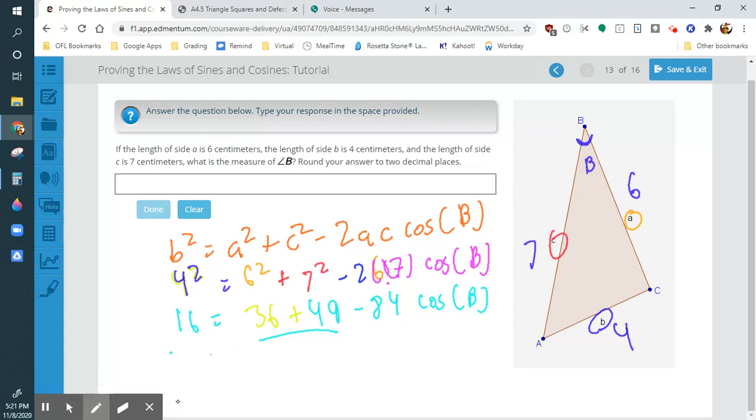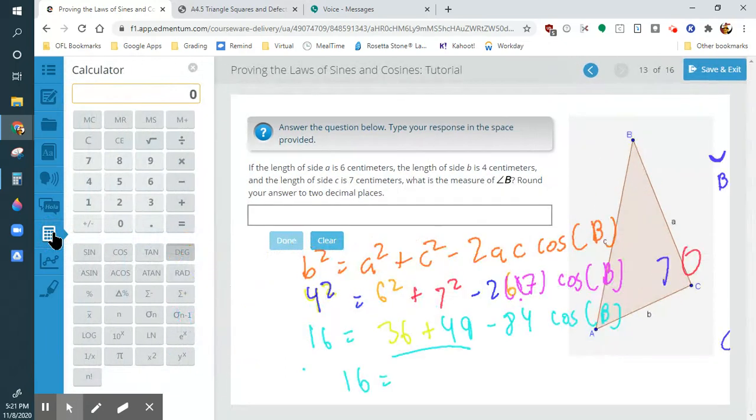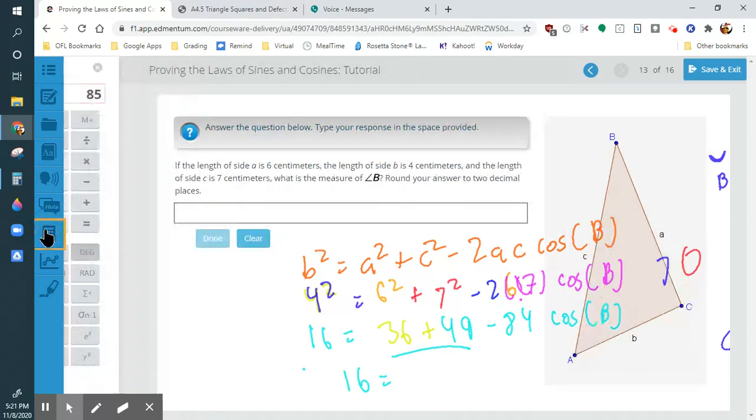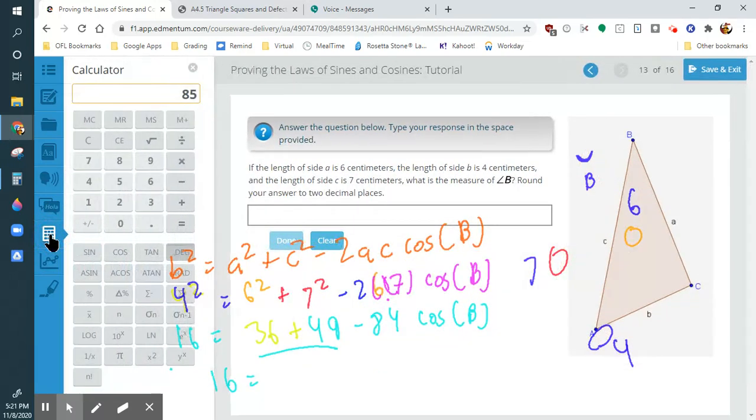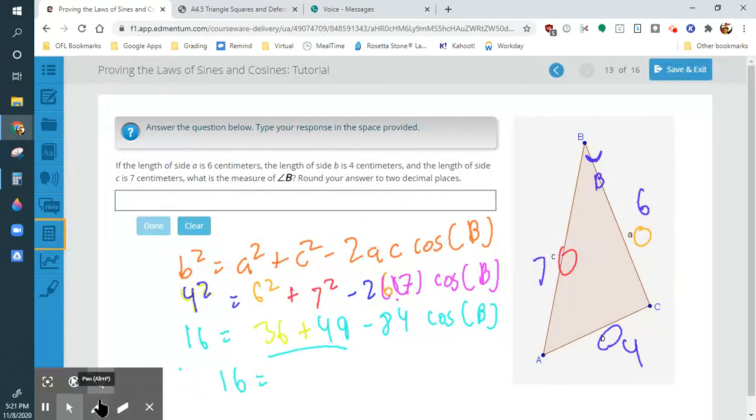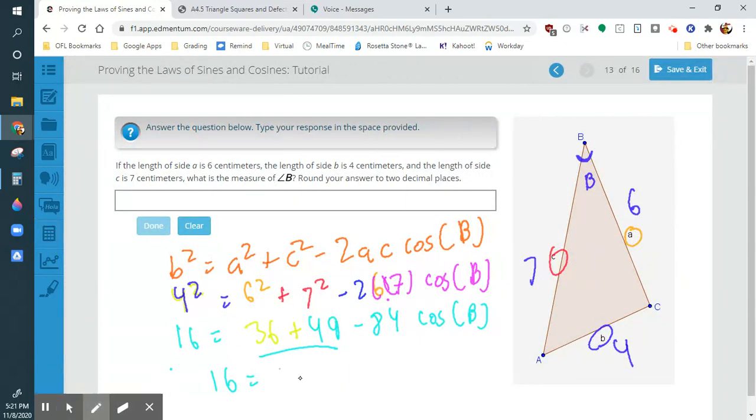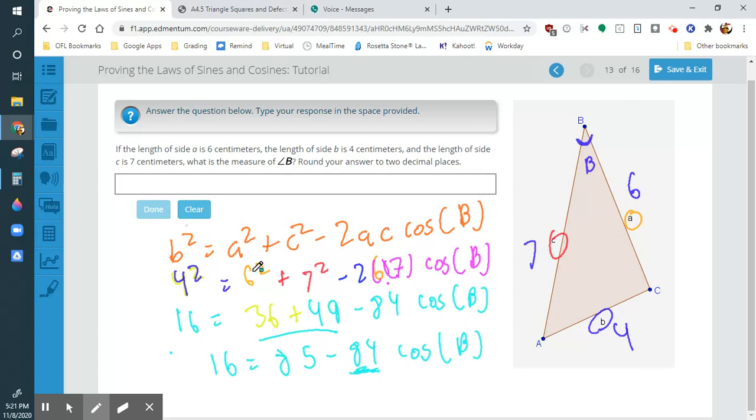So there's going to be 16 equals 36 plus 49, 85. So this equals 85 minus 84 cosine of b. Again, do not combine those. I know it's very tempting. You're like, oh, that's just one, but it's not.